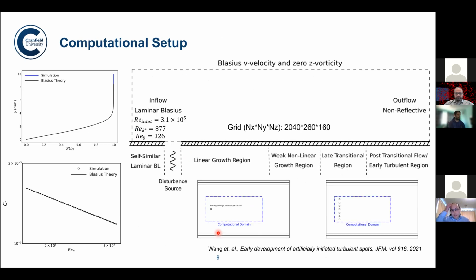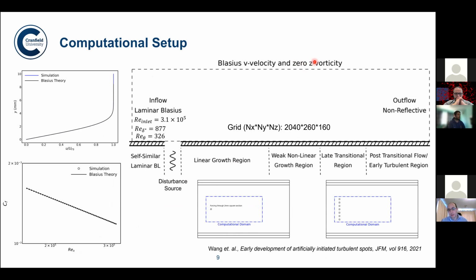With regards to the experiments we're doing here, the general setup is a flat plate boundary layer where the inflow is a Blasius laminar boundary layer, and a bit downstream of the inflow we have a forcing term, and the outflow is a characteristic non-reflective boundary condition.